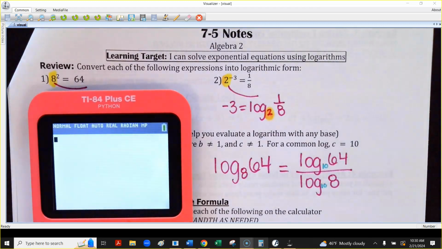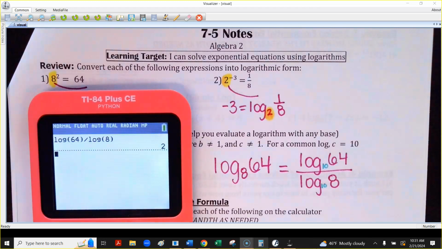If I do log 64, most calculators are going to pop up a parenthesis when you do that, so make sure you close the parenthesis. So I'm doing log of 64, and I'm going to divide that by the log of 8. You can close the parenthesis on the bottom, but you really don't have to. It's totally up to you. But this should be 2 if I'm telling you the truth, and you can see that it is. So I'm changing it to base 10 so I can do this on the calculator.